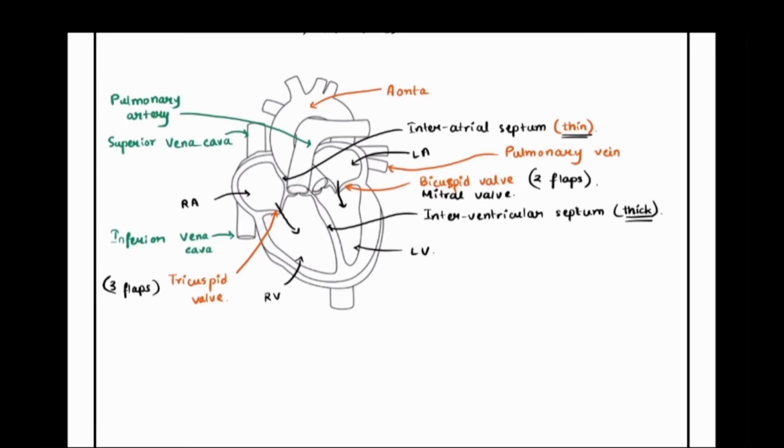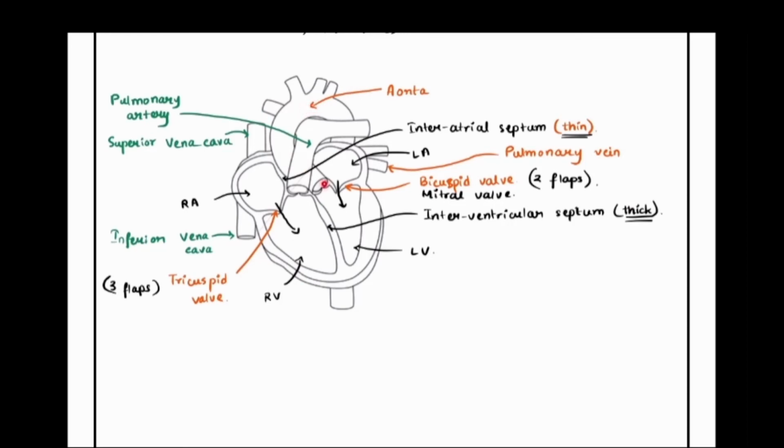And another thing that I want to tell you is that, like the bicuspid and the tricuspid valve, when the right ventricle and the left ventricle are pumping blood away from the heart, the right ventricle is pumping blood to the pulmonary artery, which is going to the lungs, and the left ventricle is pumping blood through the aorta, which is going to the rest of the body.